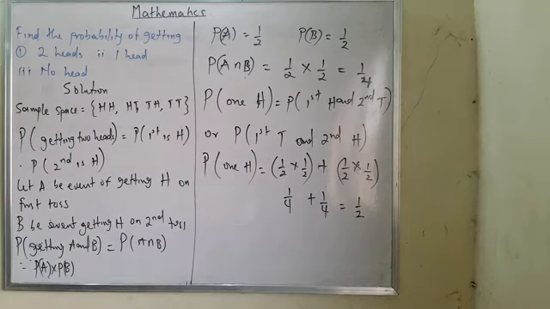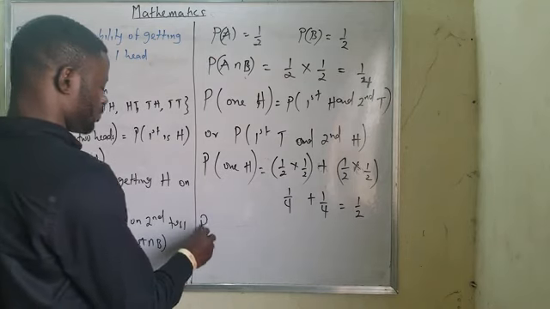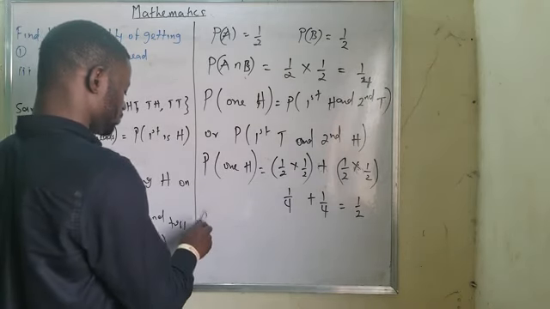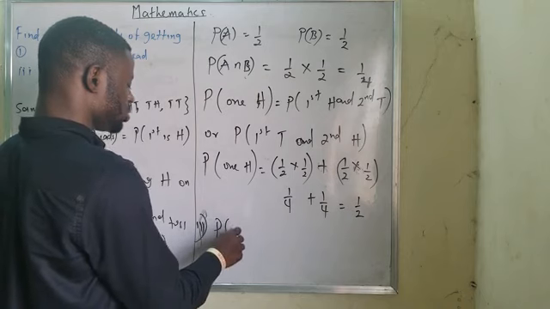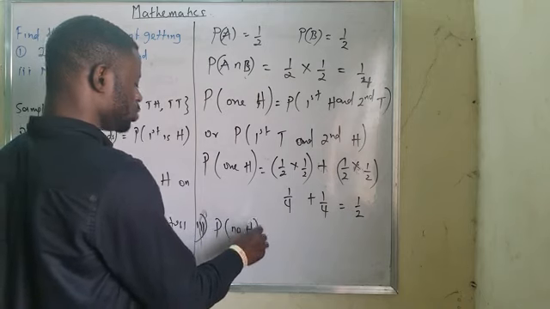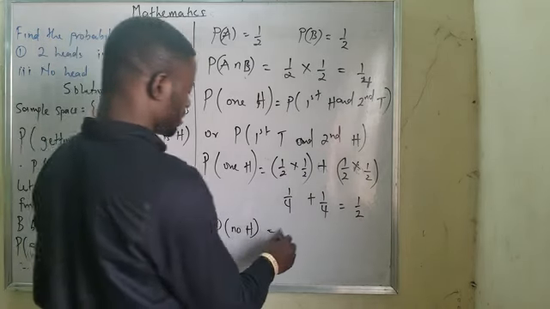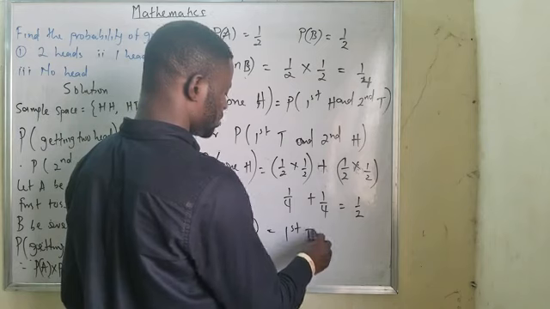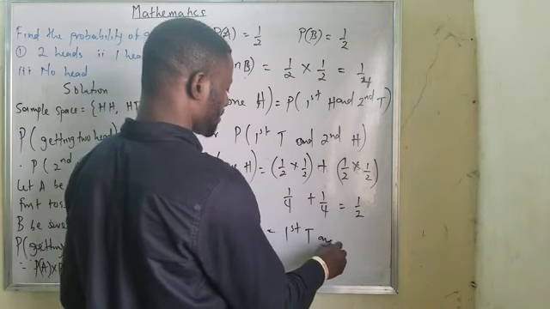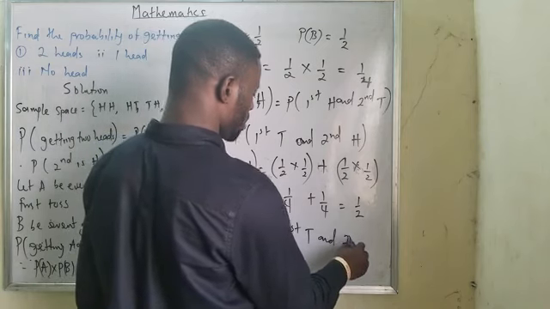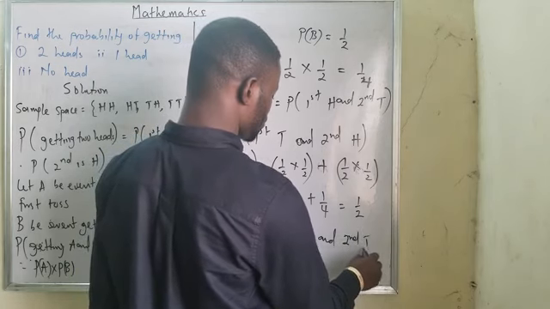Now the probability of getting no head, that is number 3. No head means I can only have one outcome, which is that the first is tail and the second is tail also.